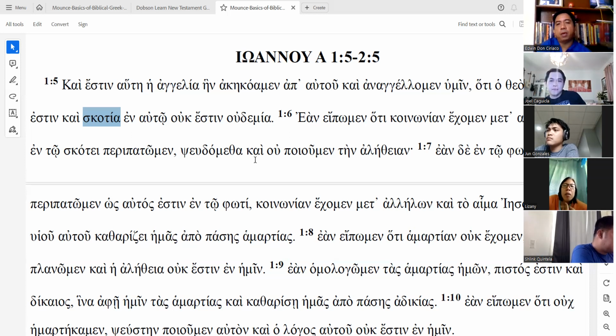Because if we have fellowship, that is untranslated. If we have fellowship with him, auto referring to Jesus. If we have fellowship with him, but in the darkness we remain, or in the darkness we walk. So, but if we remain in him, but we walk in darkness, we are a liar.